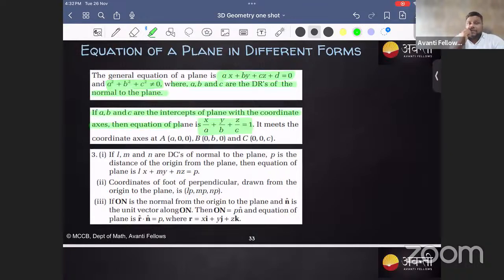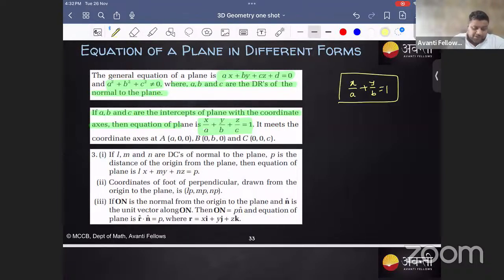You must be aware that the intercept form of a straight line is what? x upon a plus y upon b equals 1. Got it? Equation of a line in intercept form is x upon a plus y upon b equals 1.